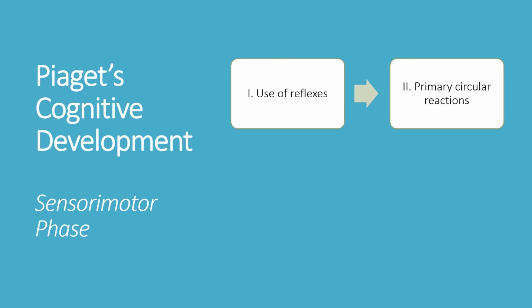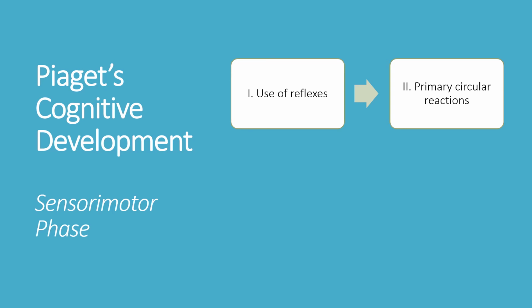This is now becoming just a voluntary act, and this stage takes place between 1 and 4 months old. This is where infants start to incorporate and adapt their reactions to the environment and recognize the stimulus that produced a response. Previously, they would cry until the nipple was brought to their mouth.